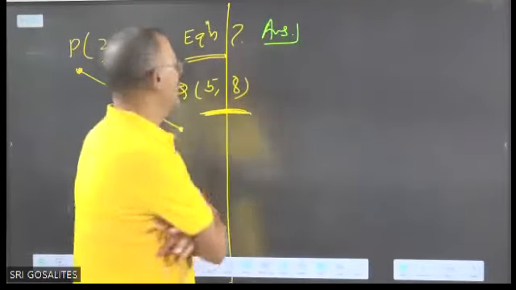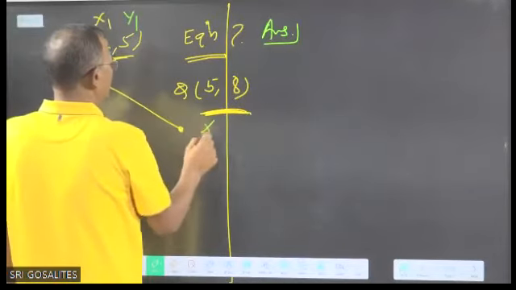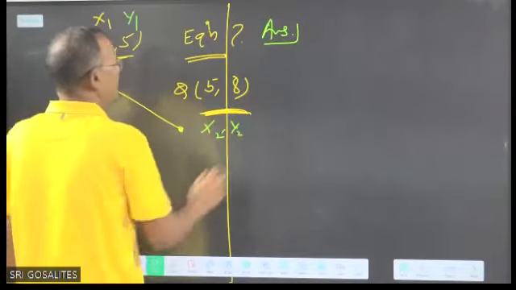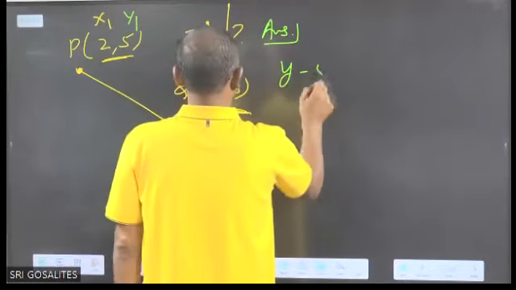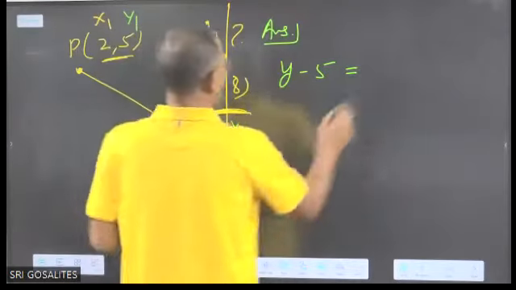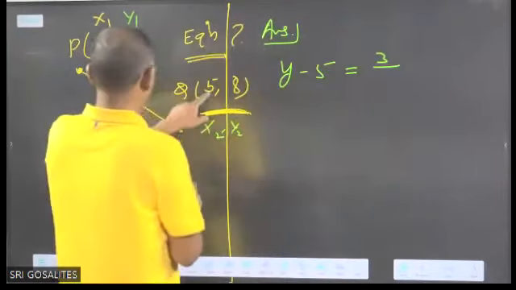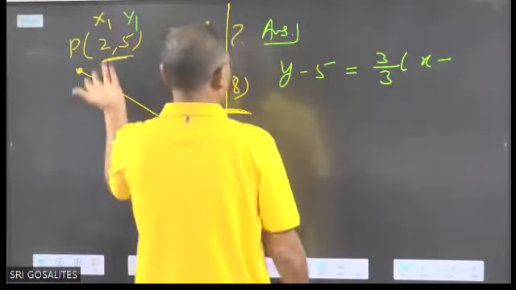Fine. See, x1, y1, x2, y2. आप कुछ भी ले सकते हो जिसको चाहो. तो this is y minus y1, y2 minus y1 is 3, x2 minus x1 is 3, x minus x1.